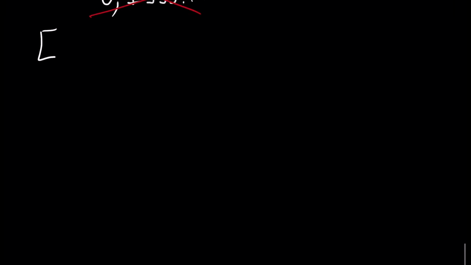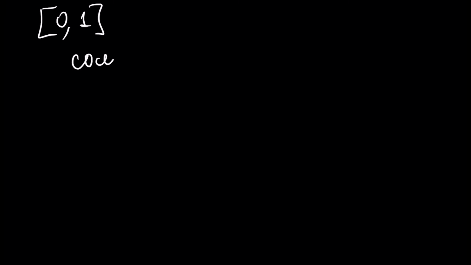So in the segment of 0, 1, we have an uncountable number of elements. So we cannot count the elements of this segment. Assume that the number of elements in this segment is countable. And next, we have to reach a contradiction.